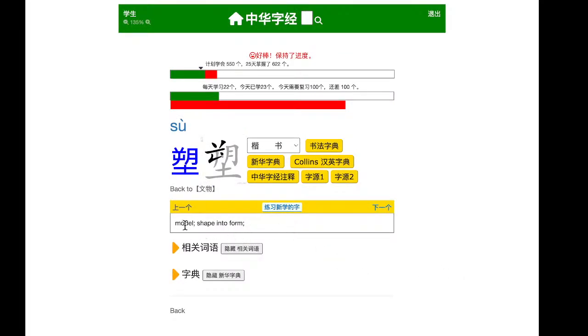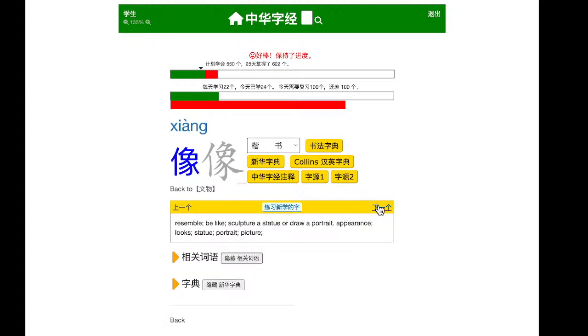塑 is a model or shape into form. So we're talking about sculptures. 像 is resemble or be like. Could refer to a sculpture, statue, or portrait, which is a likeness, an image of a person.